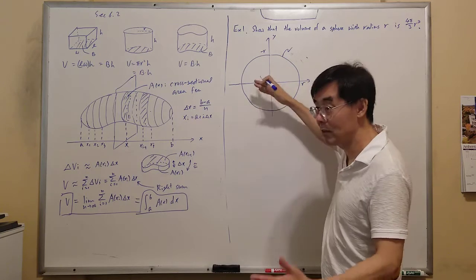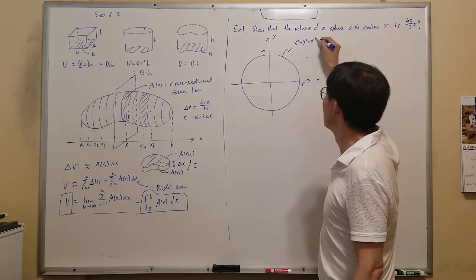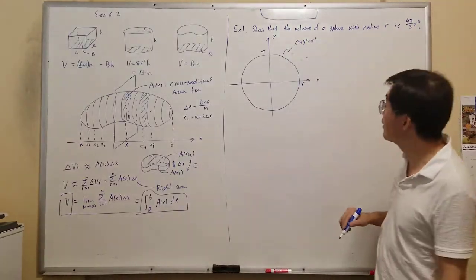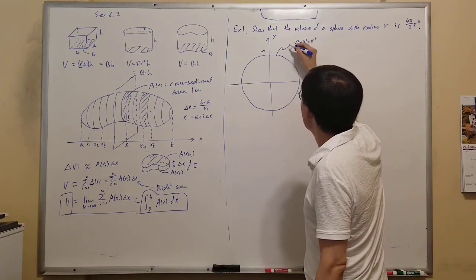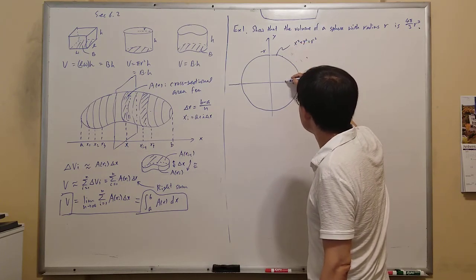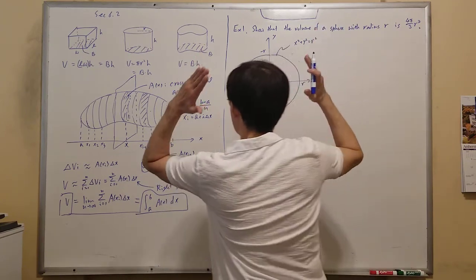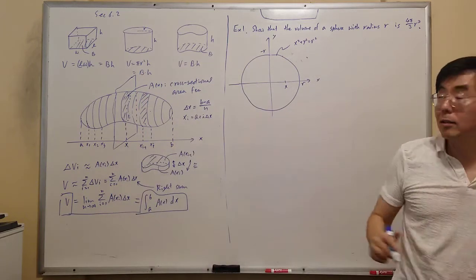The boundary curve is a circle with center at the origin and radius r. So now, using this, I want to find the cross-section area function when I cut through this object perpendicular to the x-axis.